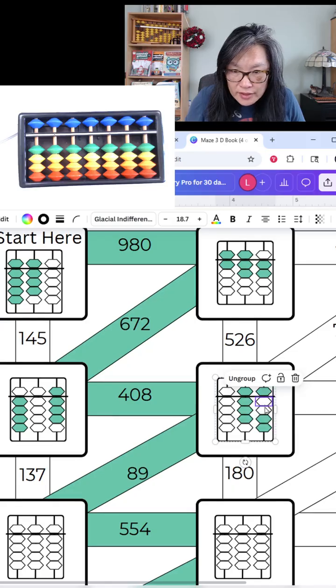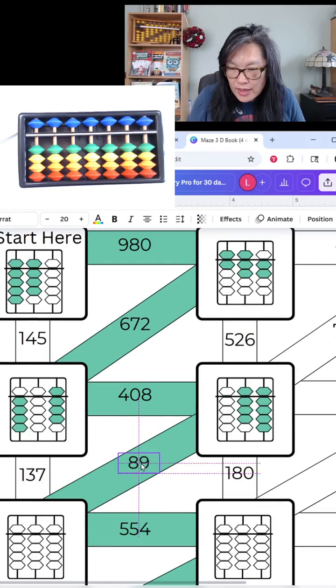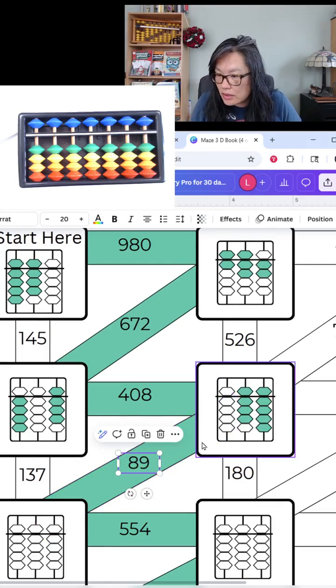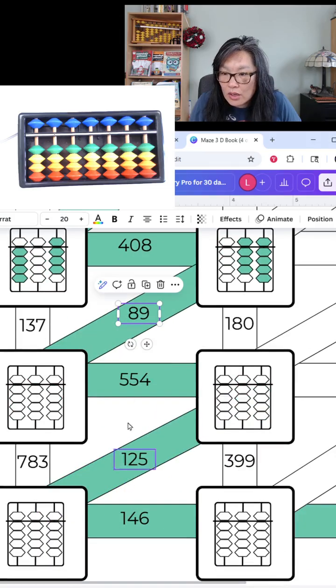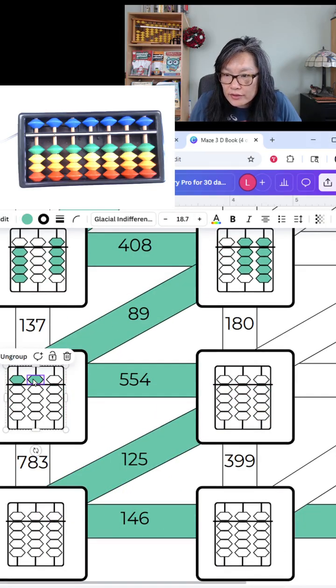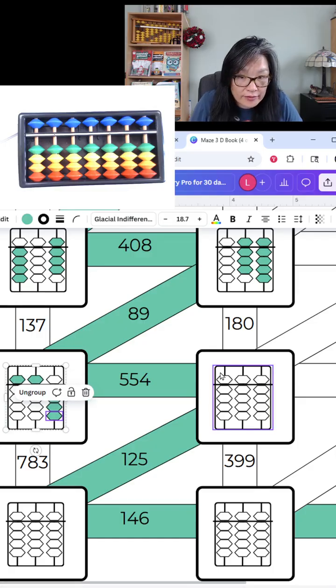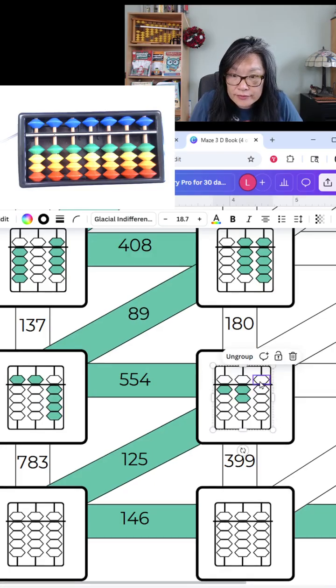Yeah, let me know if you guys have any questions about the abacus. Yeah, we can do adding, subtracting, multiplication, and still looking into this. Oh, I think I figured it out. Okay, so we have 554. The top bead will always be 5. And then we have 125.